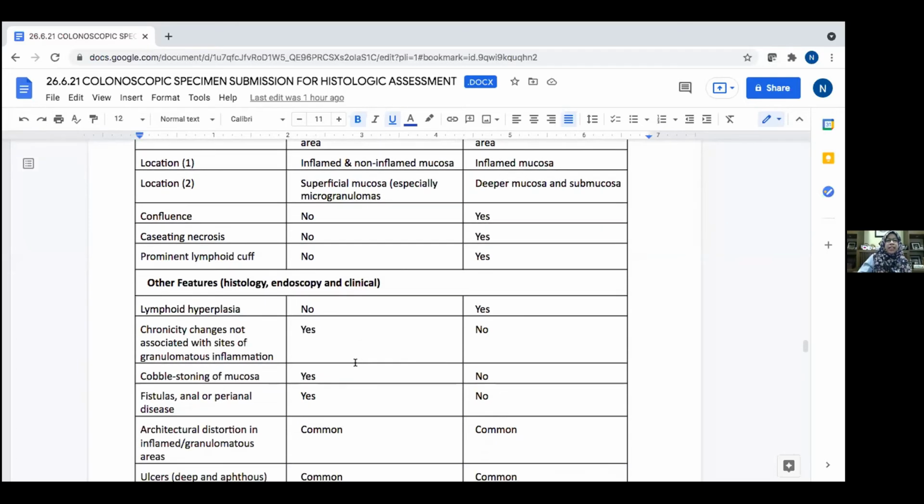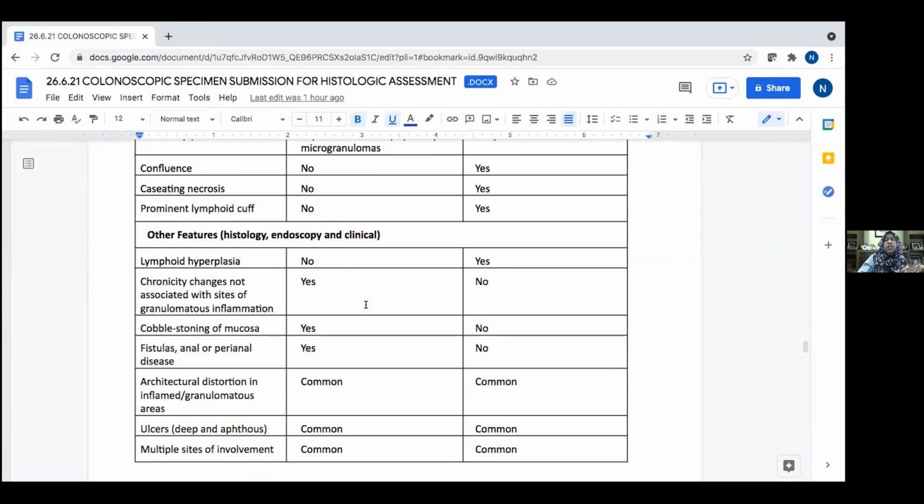Okay, and a very useful finding in support of deciding whether the granuloma is that of TB or Crohn's is the finding of granulomas, especially microgranulomas, in areas that are endoscopically non-inflamed or not affected. So if you find granulomas in endoscopically normal-looking segments, it's a bullseye finding for Crohn's disease.